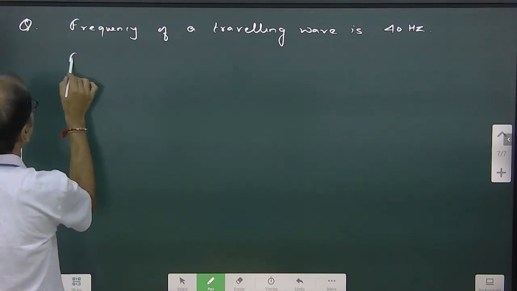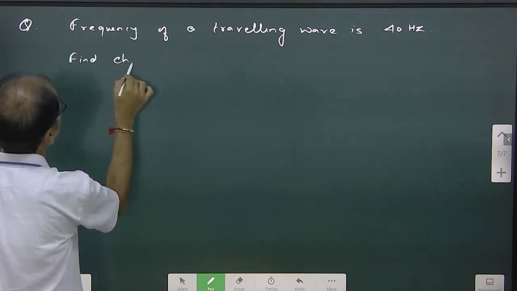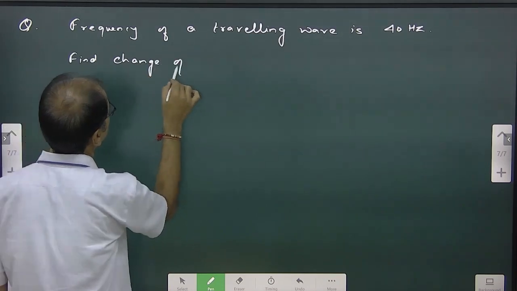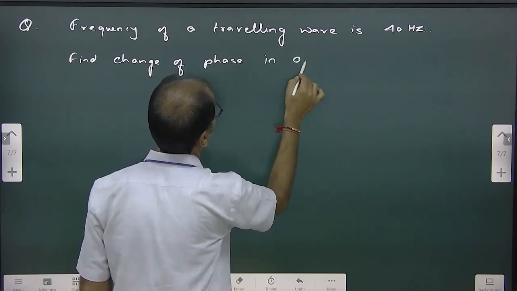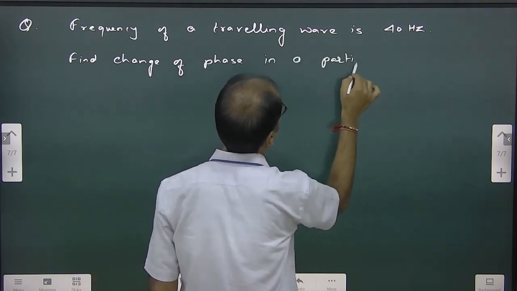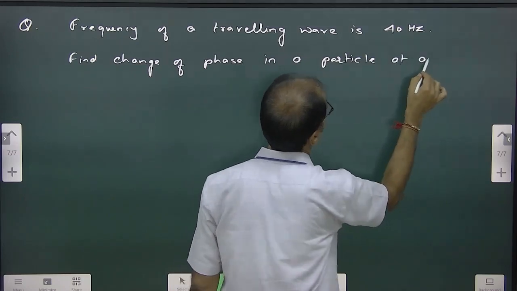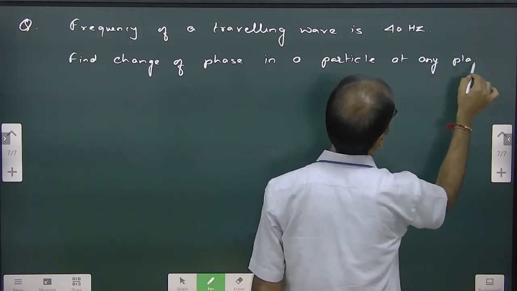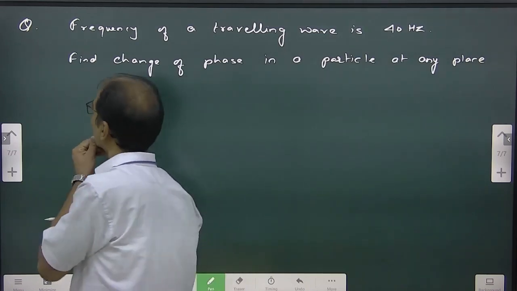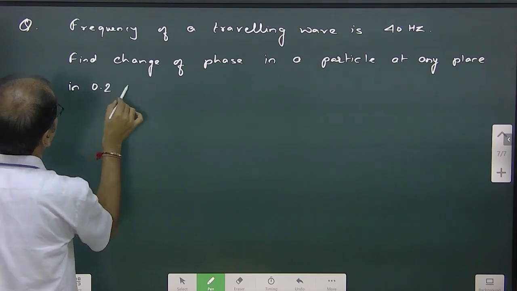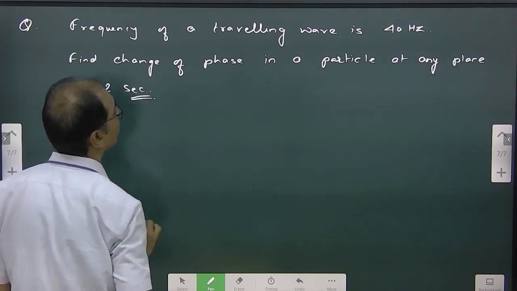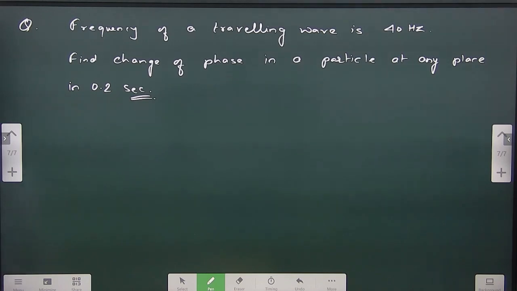Find the change of phase in a particle at any place in 0.2 seconds. Change of phase in a particle at any place in 0.2 seconds.